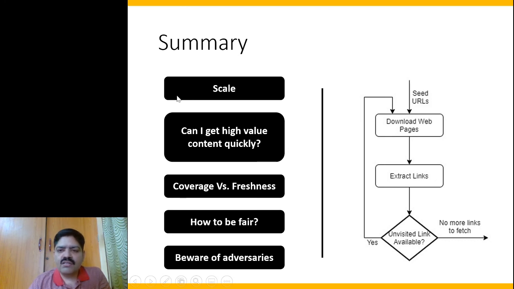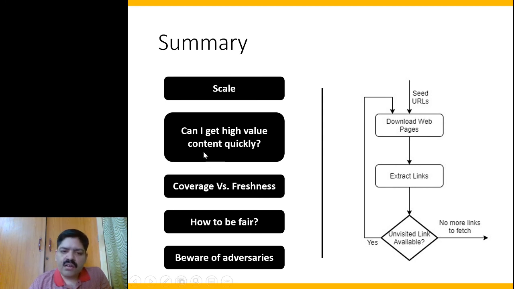For scale, we saw distributed crawling, and we also saw how to use the URL frontier idea to ensure that we have a priority queue and we are doing things in a more effective way. We also want to eliminate duplicate URLs and so on.